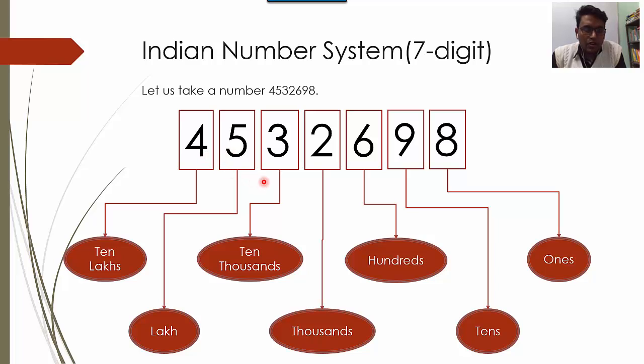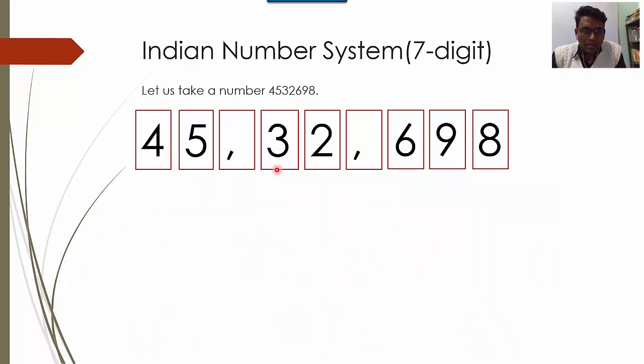So we will insert the comma between this 10,000s place and lakhs place. So let us do that. Now we have inserted the commas between these groups.